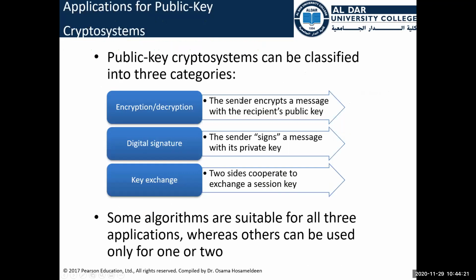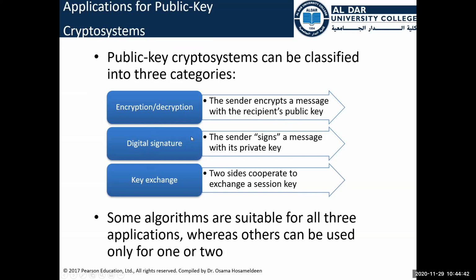Okay, so the applications of public key crypto system, we have three types of applications. The first one is encryption, decryption, and we have seen how to make encryption and decryption using the recipient's public key, and the digital signature.